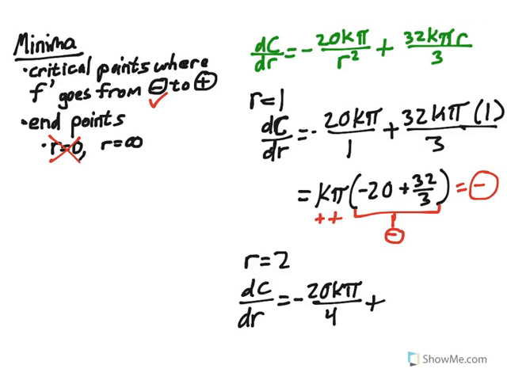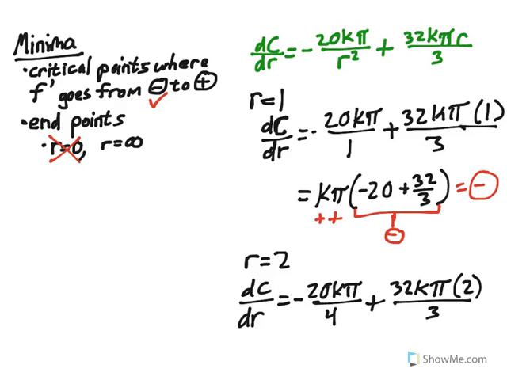That shouldn't be an r squared. Doesn't affect our r equals 1 because 1 and 1 squared have the same value, but it does affect this. So we're looking at 32 times k times pi times 2 divided by 3.